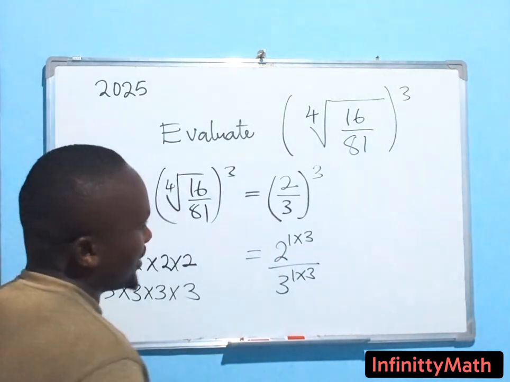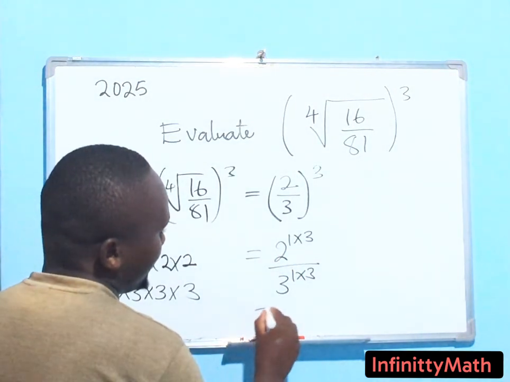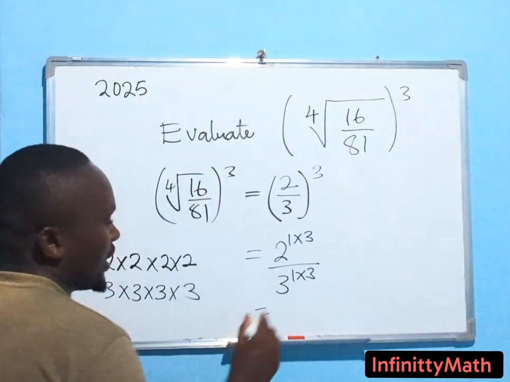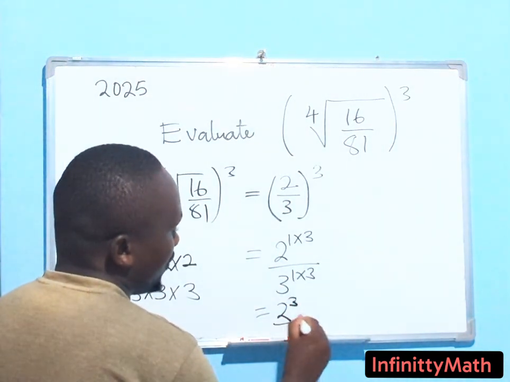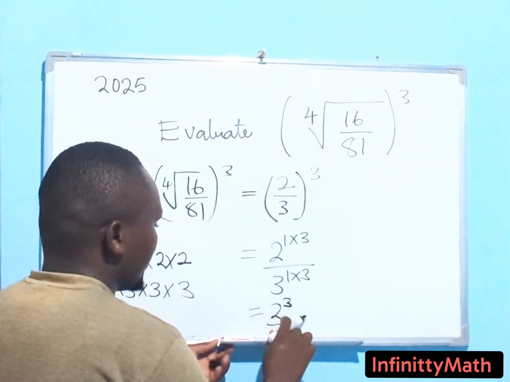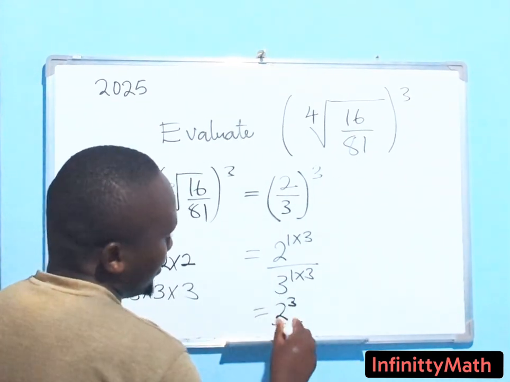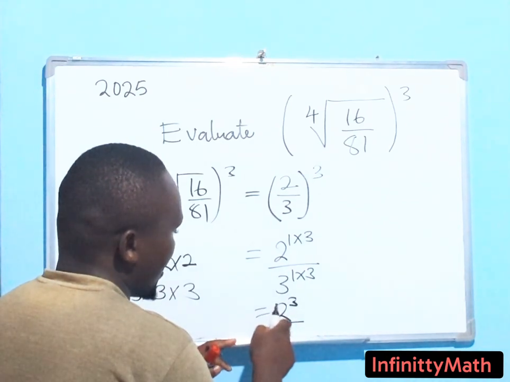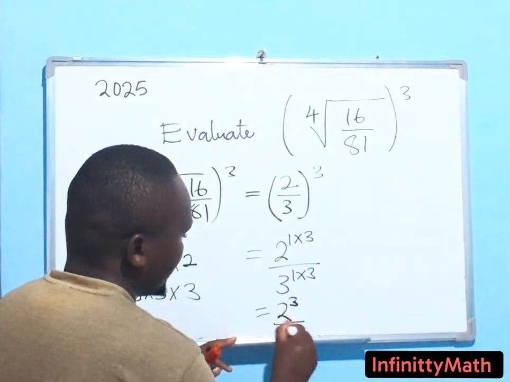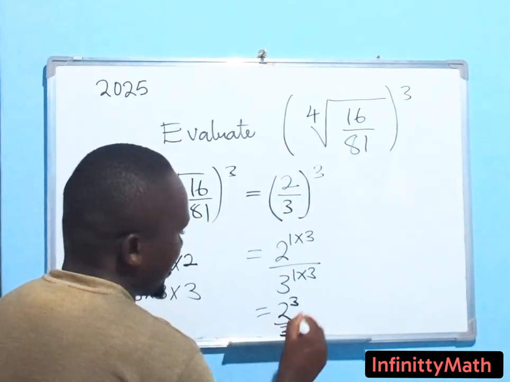Once we have that, the next thing is that we can simplify. That is going to be 2 to the power 3 over 3 raised to the power of 3 as well.